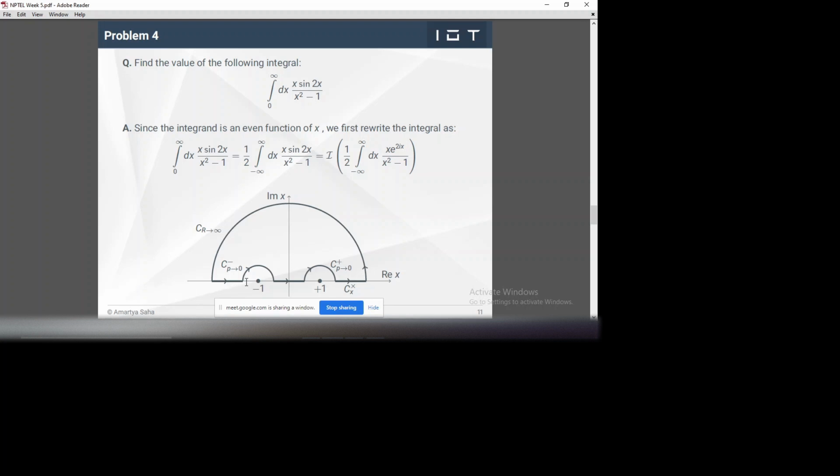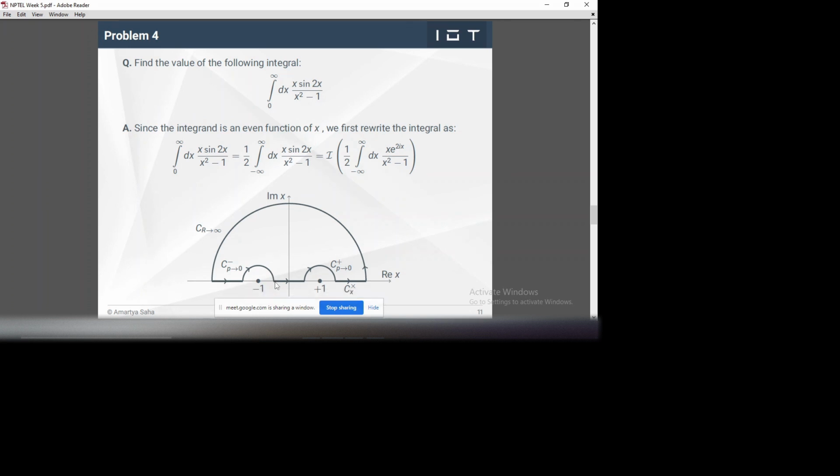Then we have to exclude the point minus 1, and we do that by considering a semicircle like this. So this is the semicircle C minus. By considering the semicircle, we circumvent this problematic minus 1 point. We go along this semicircle from the left of minus 1 to the right of minus 1.